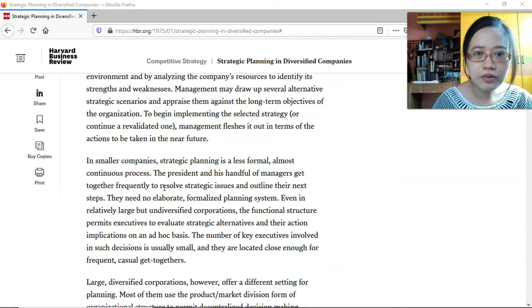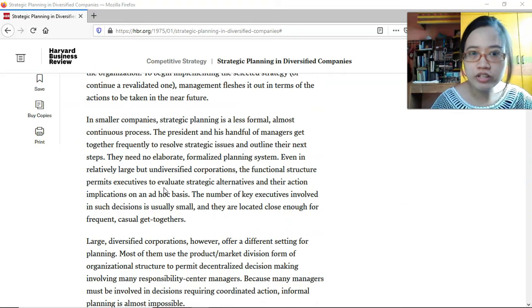And then here, it was mentioned in the article that it's a different case with regards to small businesses or small companies. Their strategic planning is somewhat informal. And it's a continuous process because almost everyone in the management, who are decision makers in the company, can get together and talk about the business and the operations.